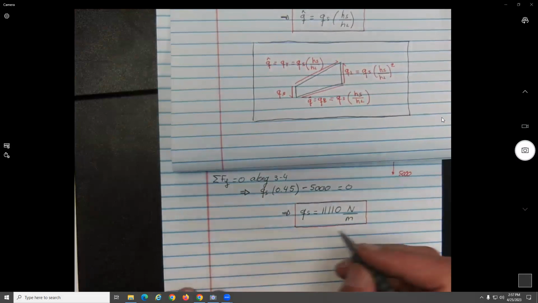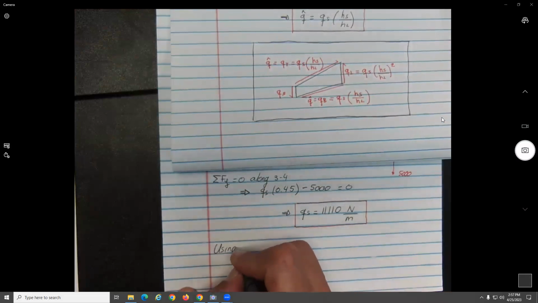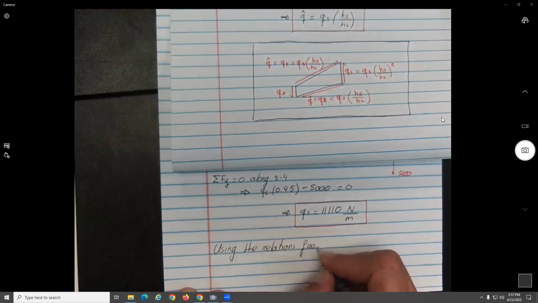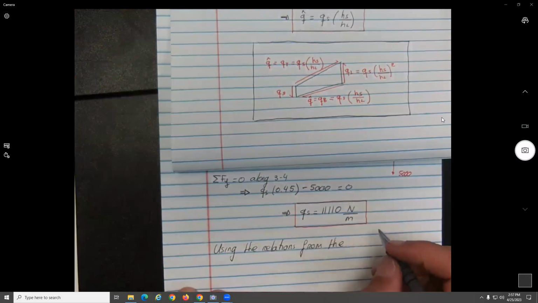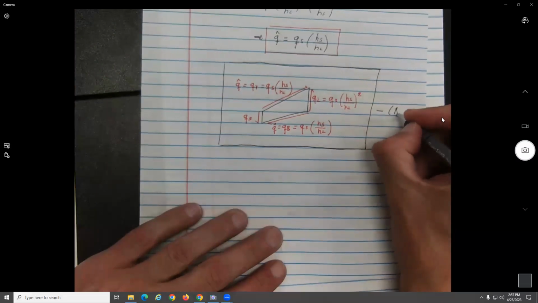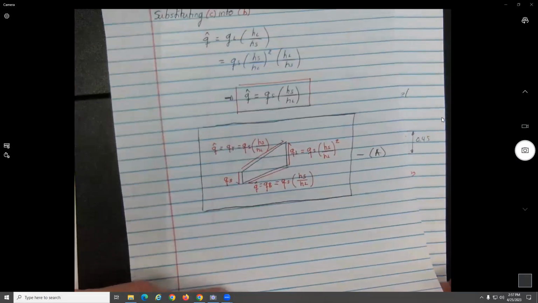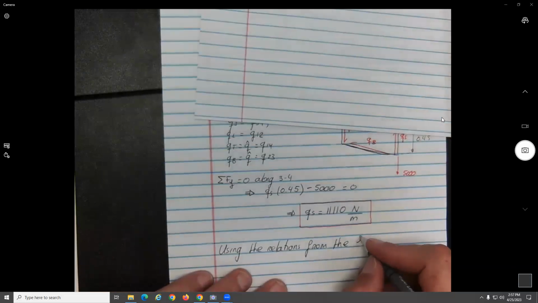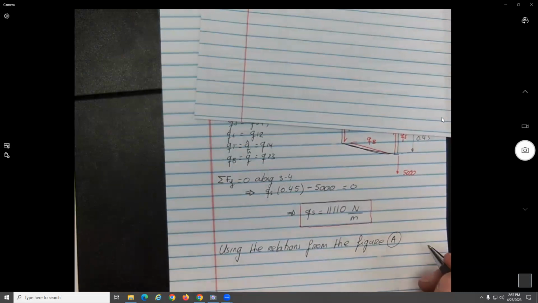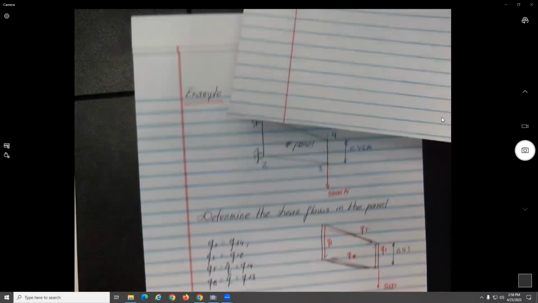Okay, so using the relations from the figure, let me call this one capital A. So let's see.